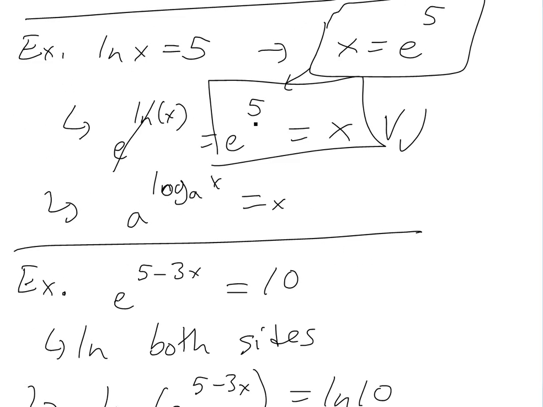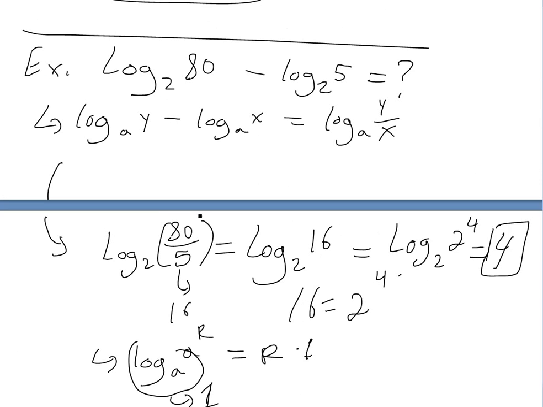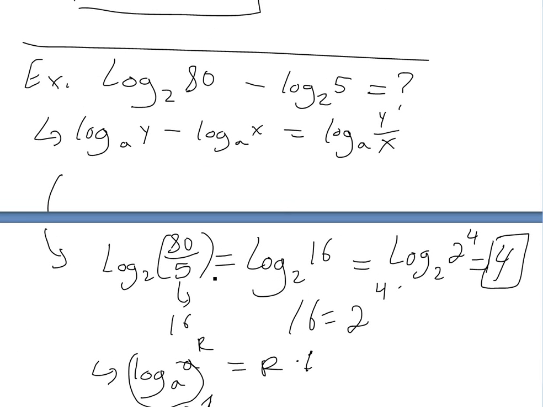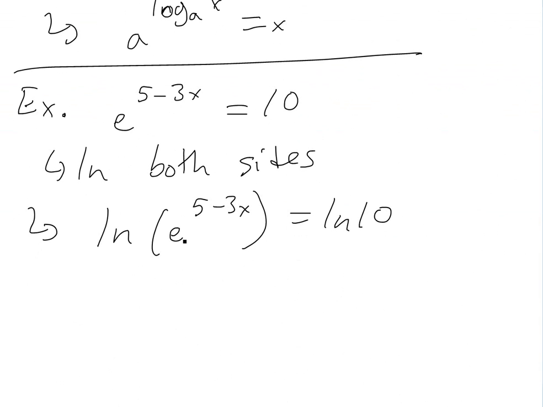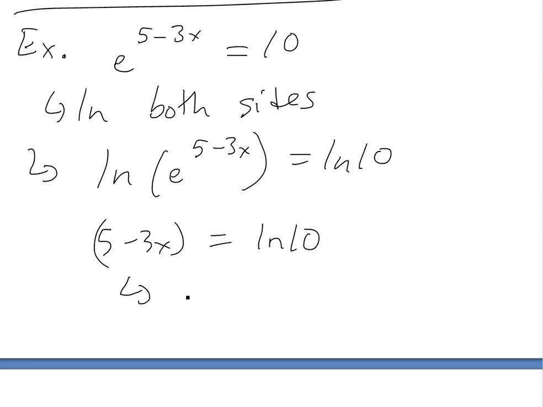And then, as I showed in the previous video, if you have the same base here, this just goes down. So this basically becomes 5 minus 3x equals ln 10. And then solving for x, you just shift this over.